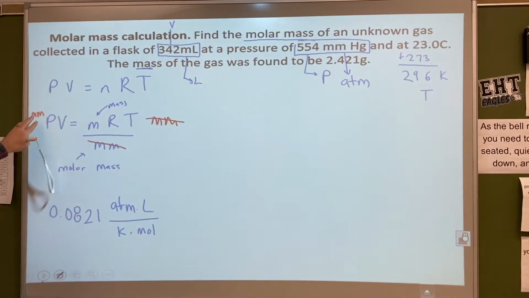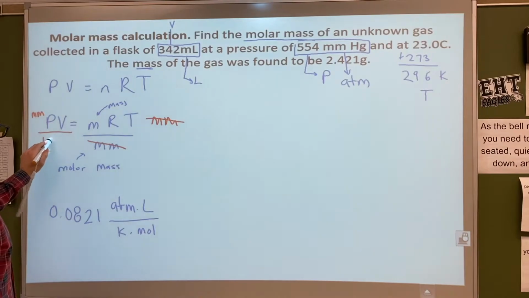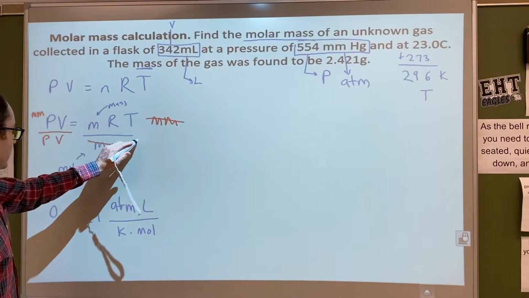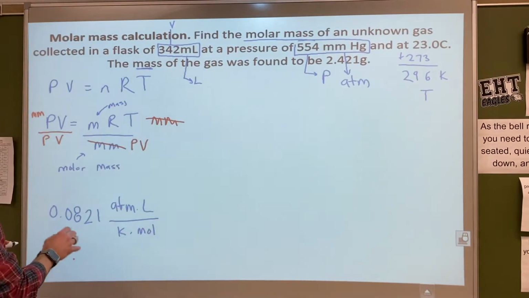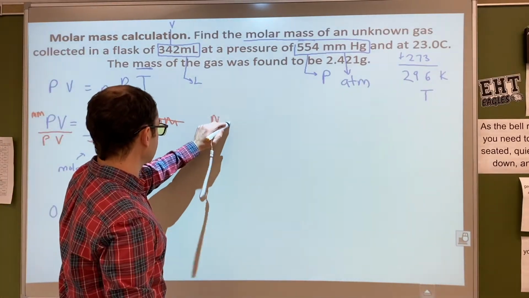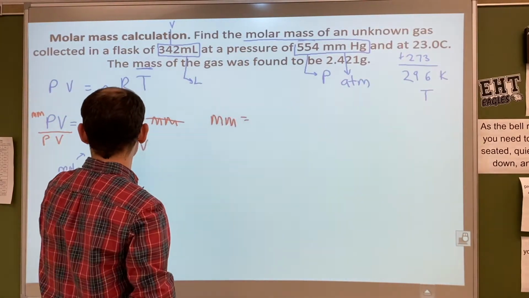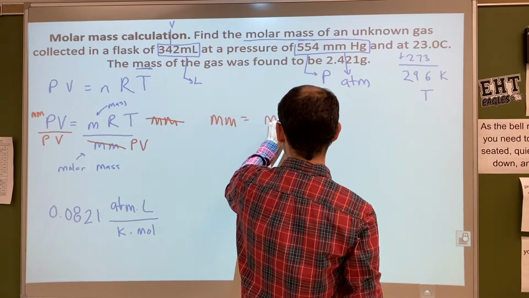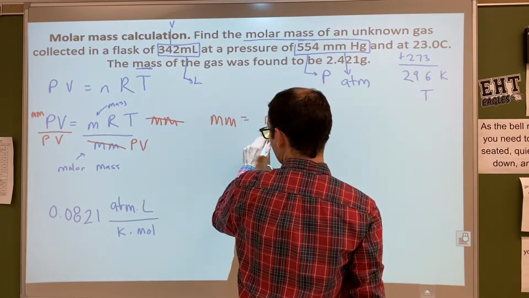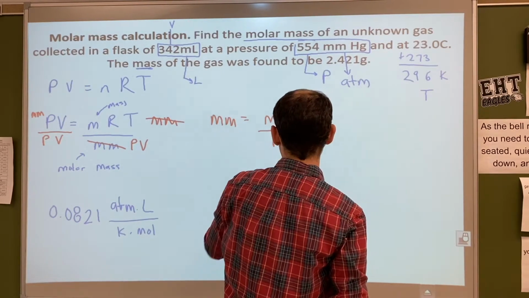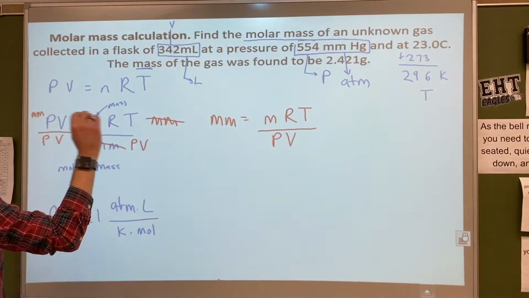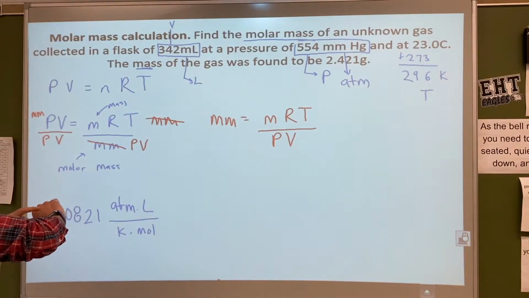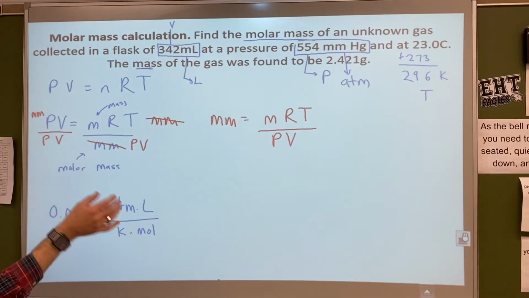Now we have MM on the top, but we also have PV here, so we need to divide by PV. I'm going to rewrite it as MM equals MRT divided by PV. Then from here, you just plug in everything from these other spots.